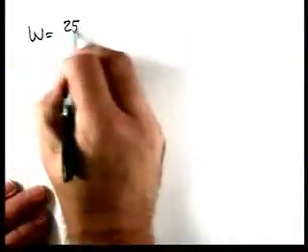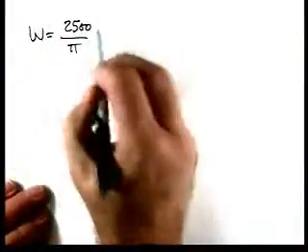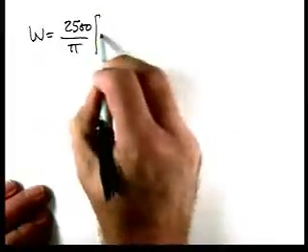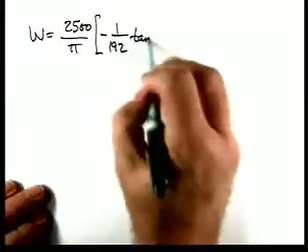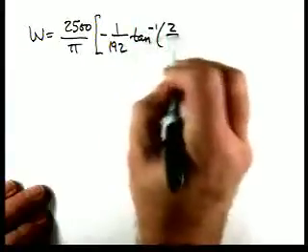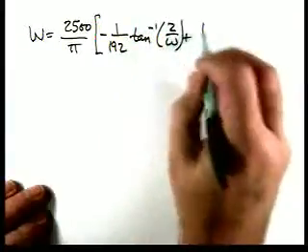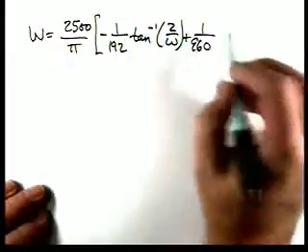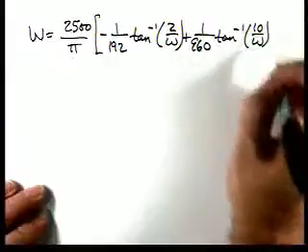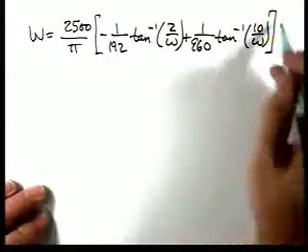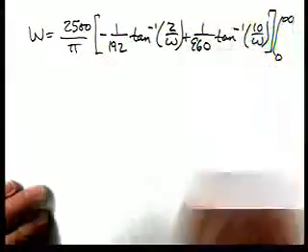So our terms then become 2500 over pi times minus 1 over 192, inverse tangent of 2 over omega, plus 1 over 960, inverse tangent of 10 over omega, evaluated from 0 to infinity.